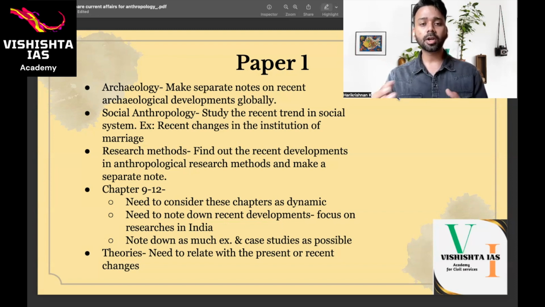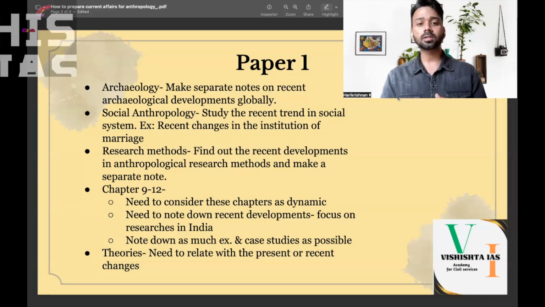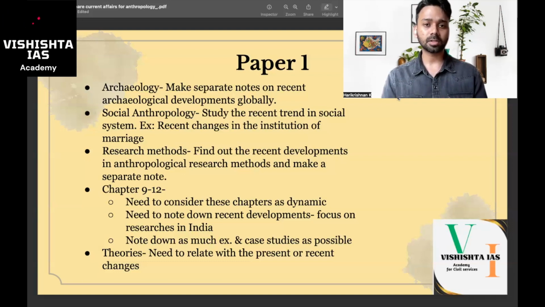For example, the joint family system. In the present time, it is breaking down. So is there any study about the joint family system in recent times? Is there any anthropological study about the changes in the way marriages are happening in recent times?